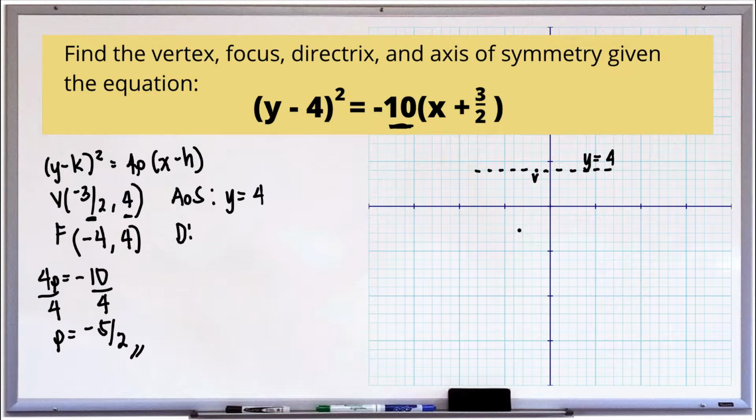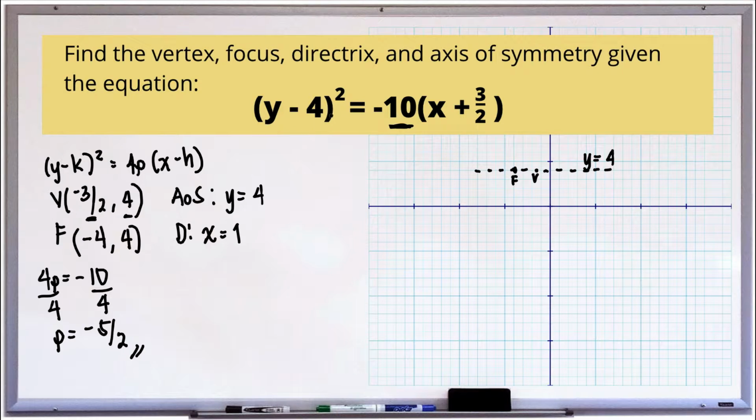To check, after plotting it to the Cartesian plane, it must be to the left of our vertex and pass through our axis of symmetry. Lastly, the equation of the directrix is taken by subtracting this value of p still to the x-coordinate of the vertex, so that it would be x equals negative 3/2 minus negative 5/2, which is 2/2 or 1.